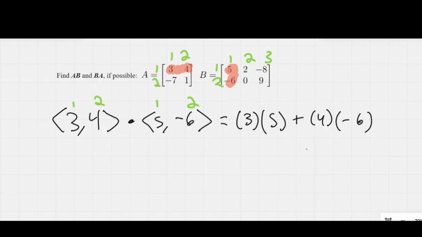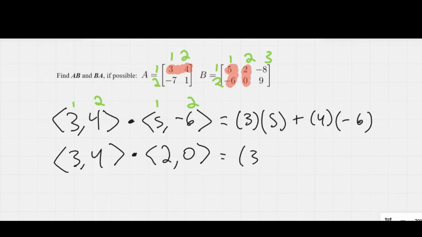We're finding the dot product, and using the formula that we have outlined, we will find a specific value in our matrix. Let's do it with the second column and still the first row of matrix A, because we're still on the first row of matrix A. So we have 3, 4 multiplied by now 2, 0 over here. So that is what we are going to be using: 3 times 2 plus 4 times 0.